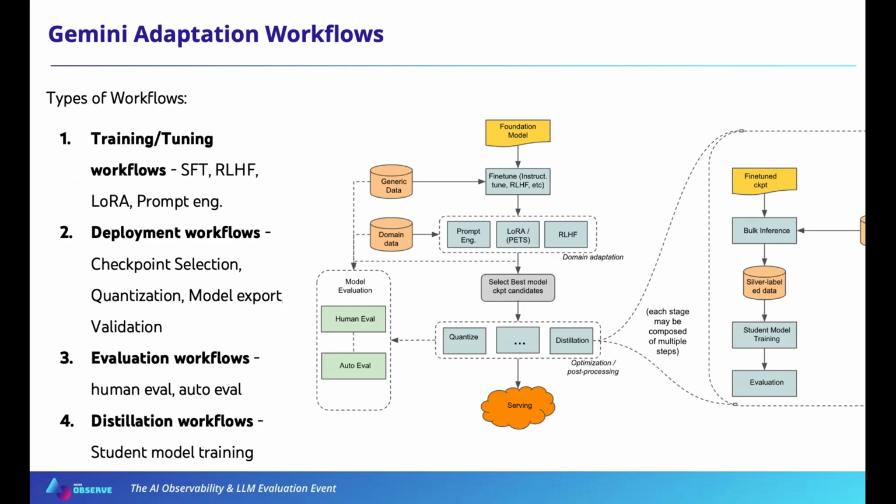So you can run a bulk inference and create a new silver labeled data set, and then do a student model training from that, and run evaluation. That provides great benefits, especially if you're doing on device or similar use cases where you want a smaller model. Distillation can save you a lot of cost as well.